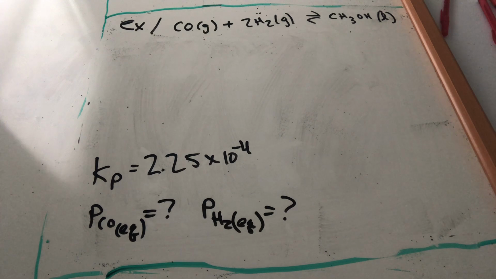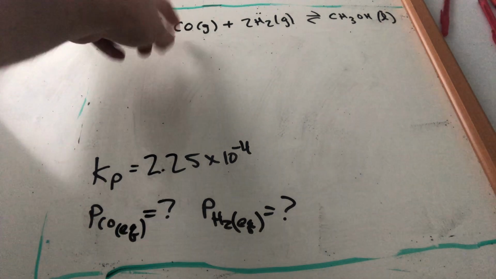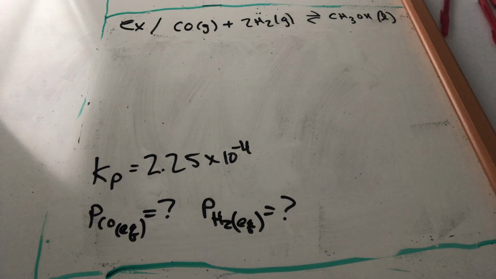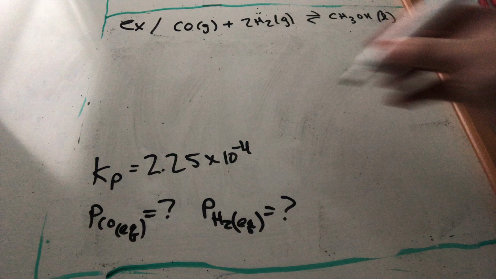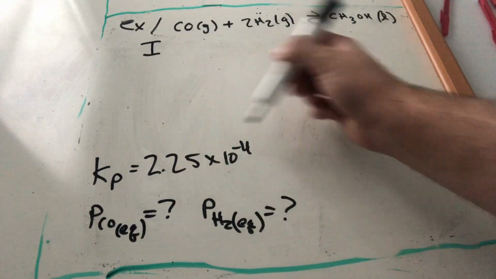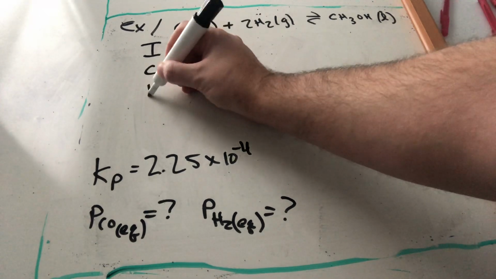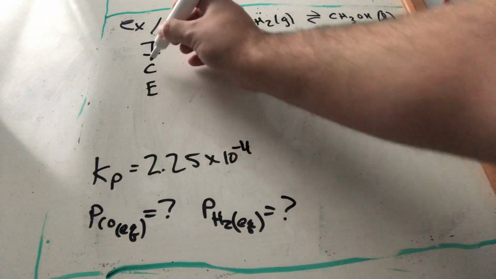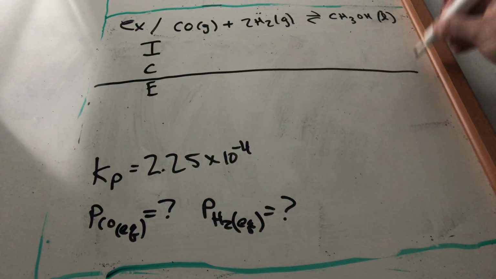That's all that you're given. But even though that's all you're given, just this Kp and this reaction, this is something, again, we can organize with an ICE table. We can use our assumptions that we've been using and we can solve it. Again, doing a calculation, we have a K given. We're trying to solve for unknowns, organize our thoughts with an ICE table.